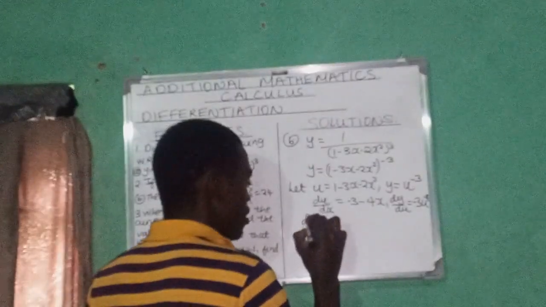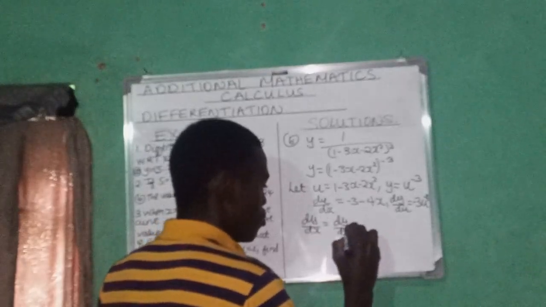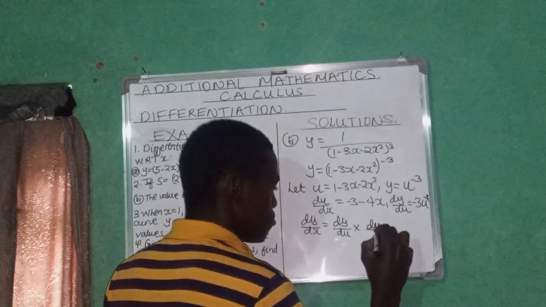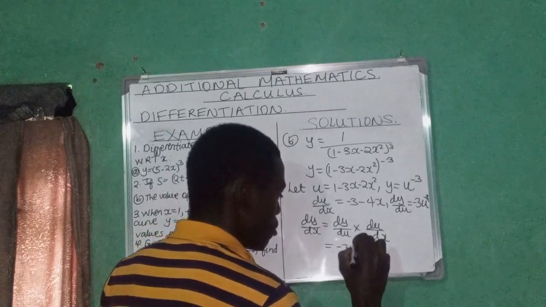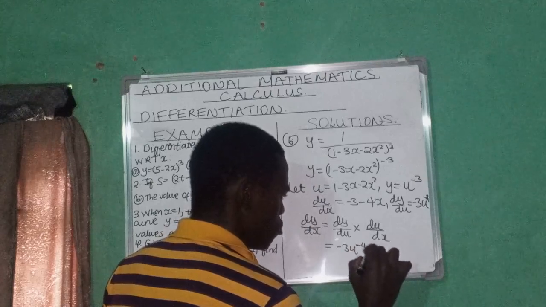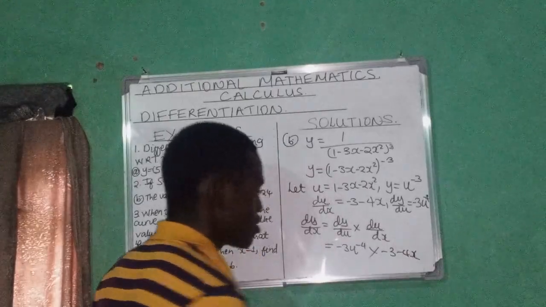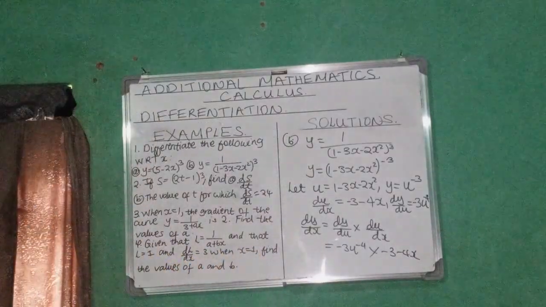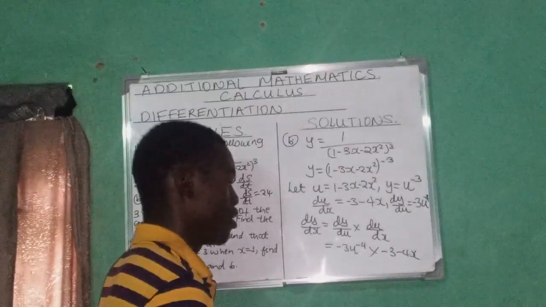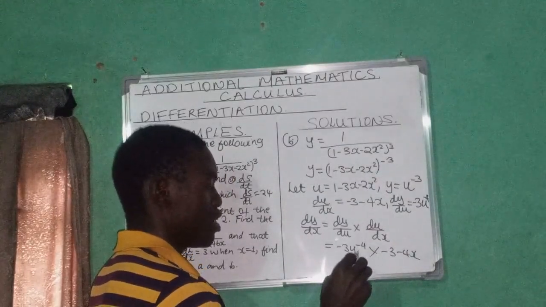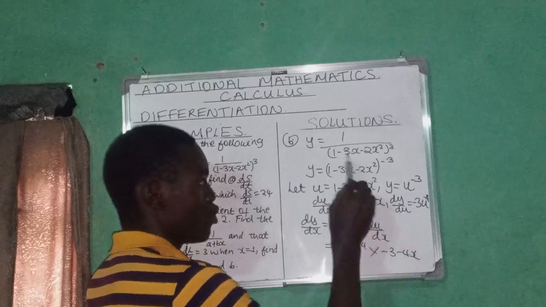Okay, so your dy dx is equal to dy du multiplied by du dx. Your dy du is your negative 3u to the power negative 4. You multiply by your du dx, which is negative 3 minus 4x, in that way. And then to proceed, realize that in the question there wasn't any letter u, there was only x.